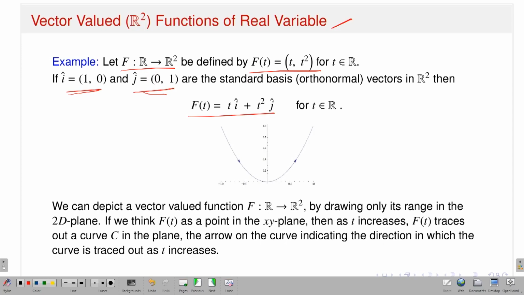Because t times i cap is t times (1, 0), which is (t, 0), and t squared times j cap is t squared times (0, 1), which is (0, t squared). You just take the scalar multiples.